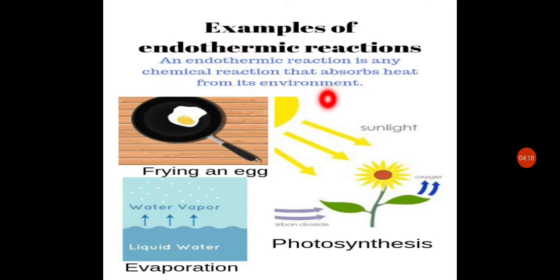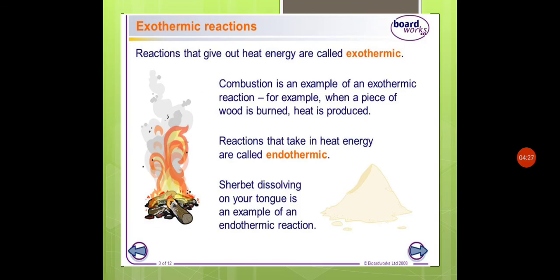Endo means inner, so heat is gained in endothermic reactions. Exothermic reactions: exo means out. Reactions that give out heat energy are called exothermic reactions. Combustion is an example of an exothermic reaction. For example, when a piece of wood is burned, heat is produced. Reactions that take in heat energy are called endothermic reactions.